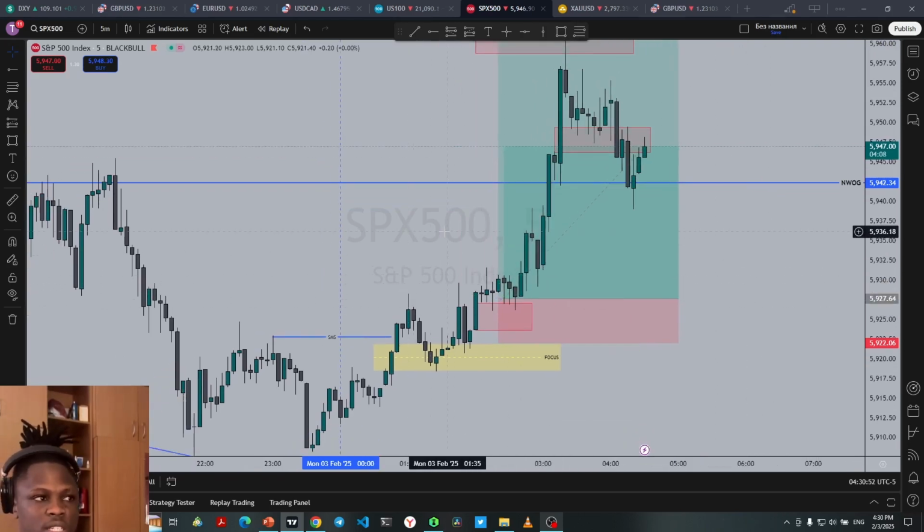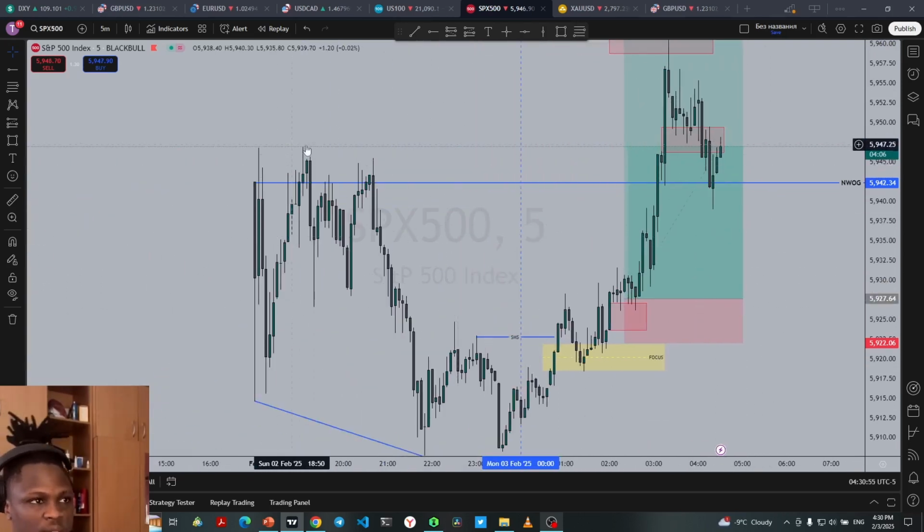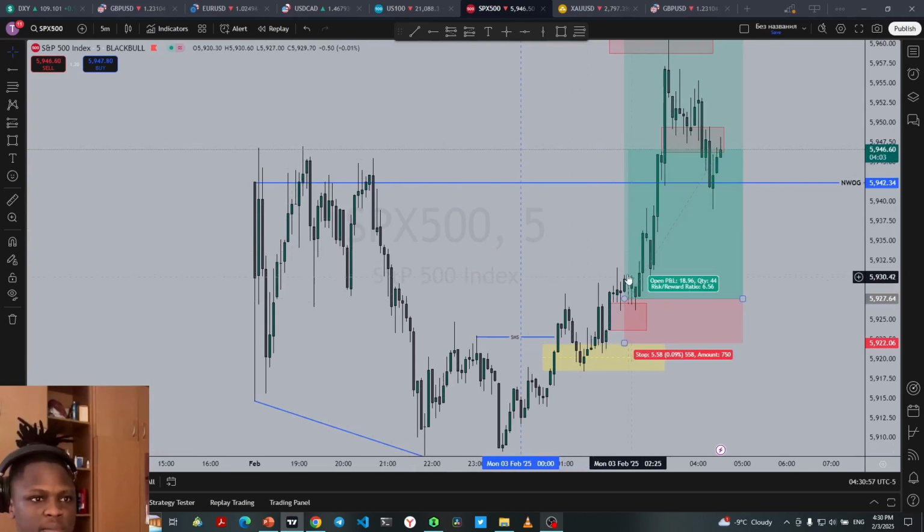Since that was my first trade, I knew I wanted the market to go here, but because it was retracing so many times, I only placed a low size of 0.1. Then I ended up seeing some moves on the Nasdaq, so I trusted the market, so I opened another 0.1.